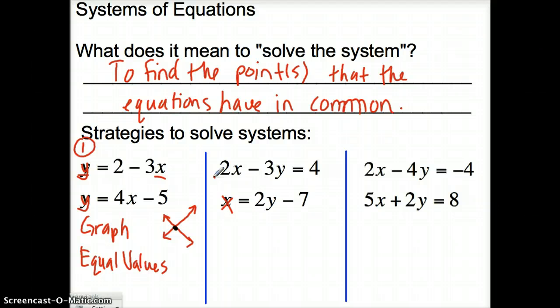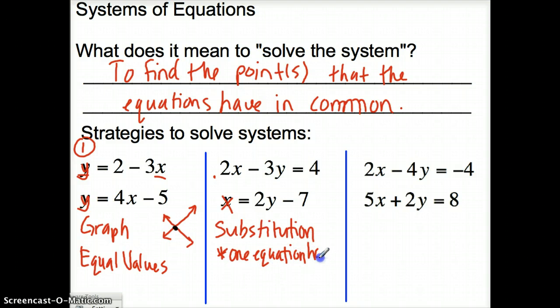So we're going to use what's called substitution in cases where you have one variable alone, so one equation has one variable alone. This is what we're going to use substitution for. We could use equal values, but it would take some extra steps, so we want a strategy that will work a little bit quicker for this particular type of problem.